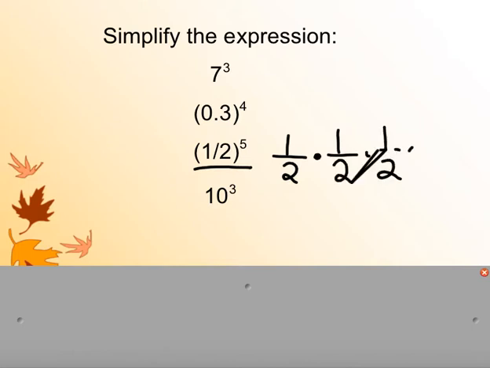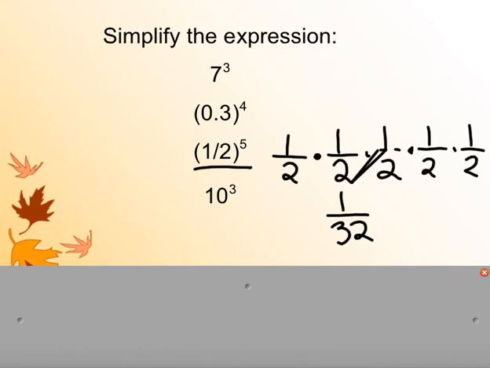We're going to do this 5 times, times 1/2 times 1/2. When we multiply all that up, we get 1 over 32. Our base is 1/2 since that's being multiplied. Our 5 is the exponent, and the whole thing, our power, is 1/2 to the 5th power. Okay.